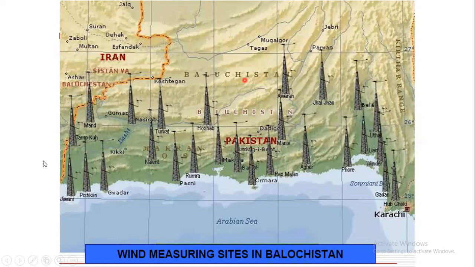These are the border areas of Pakistan where we can install wind power plants. These are areas like Omara and others in Balochistan where we can install them.